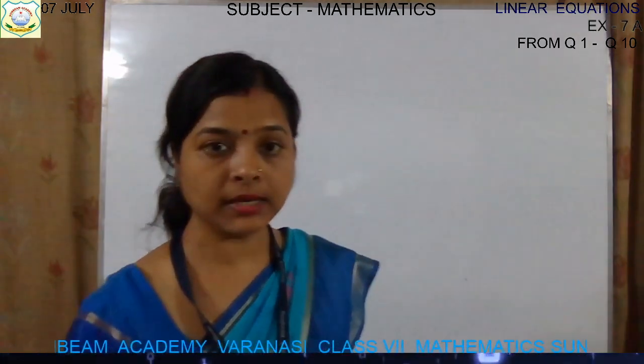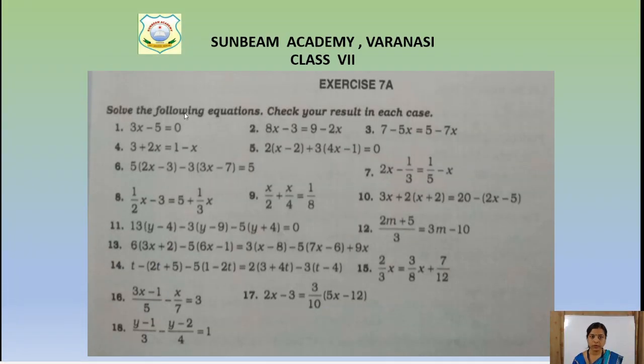We will find the value of x as well as we have to check it. Can you see this? Solve the following questions. Check your result in each case. So children, we will check it also.